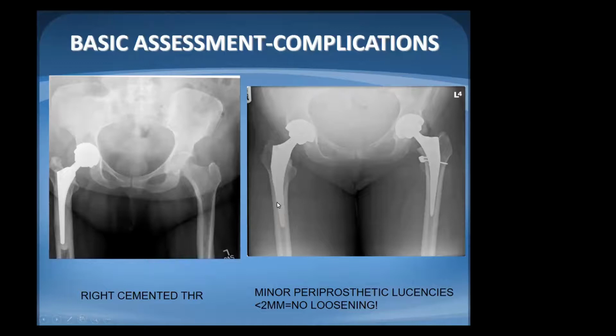There is still good incorporation of the shaft here with no evidence of abnormality to suggest loosening. Remember, if there is a gap of less than 2 millimeters between the shaft and the cortical bone, or between the shaft and the cement, that is okay. You should not report it as loosening. So look for osteolysis here and along the prosthetic components.